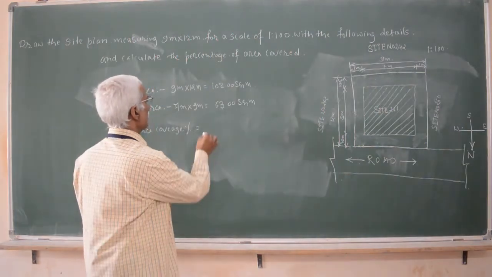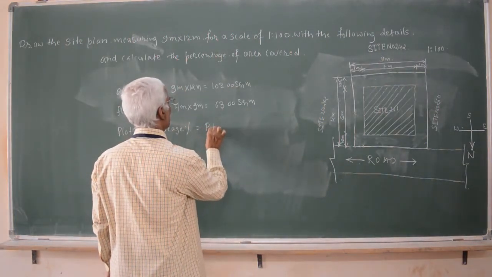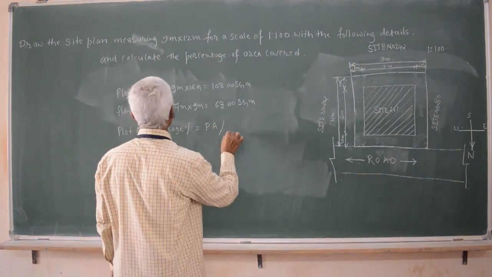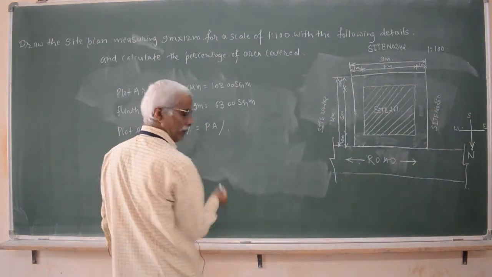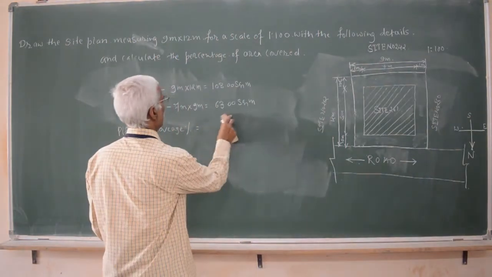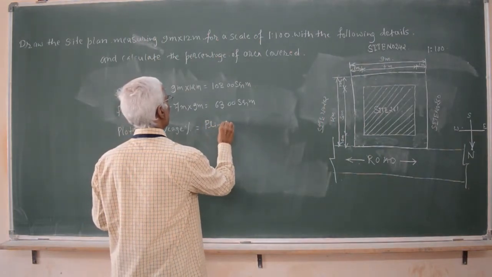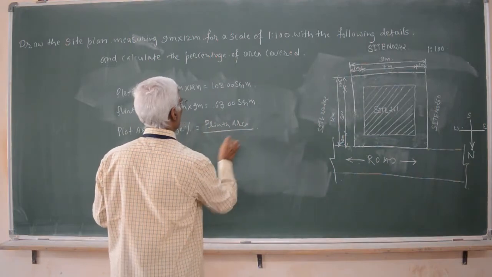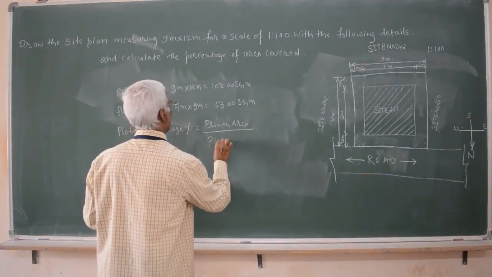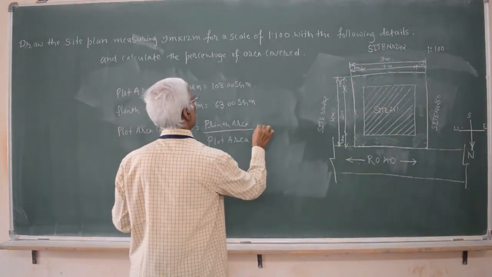I will write in short form PA, plinth area, divided by plot area. What is your plinth area?